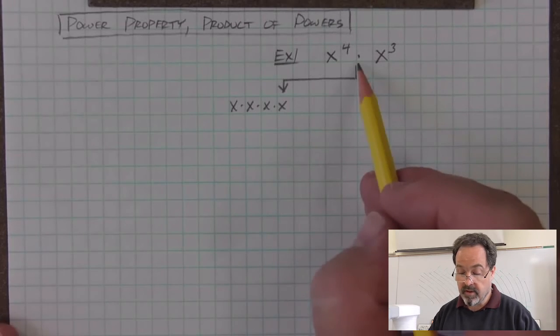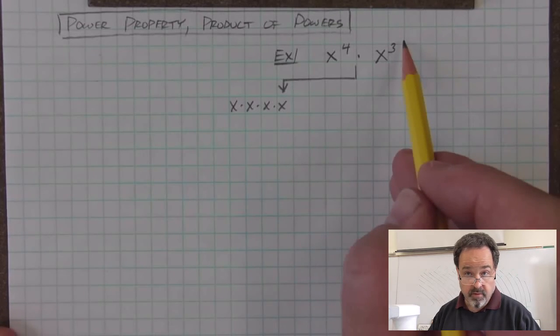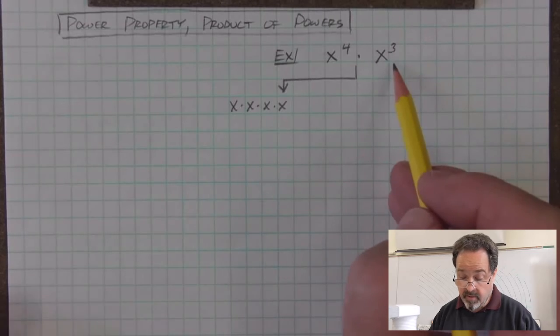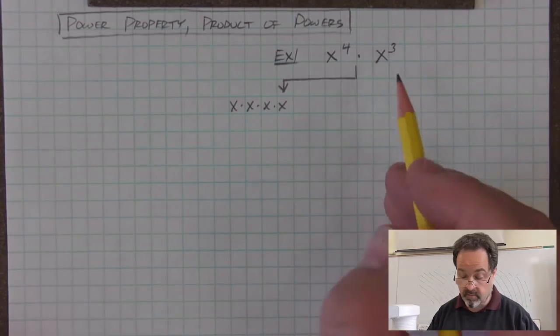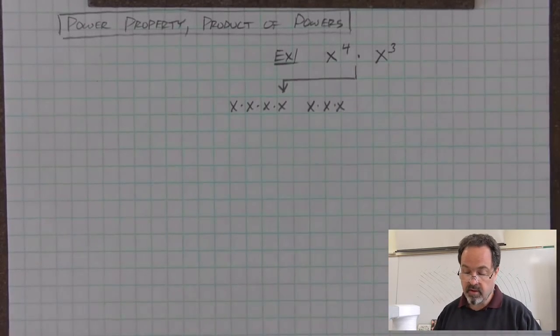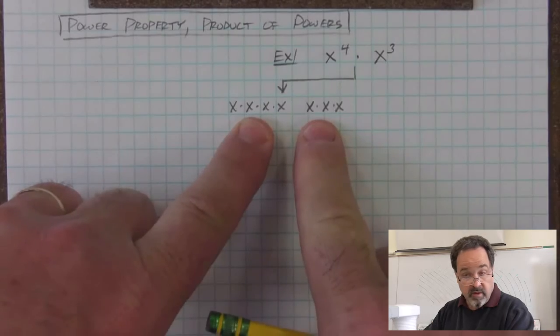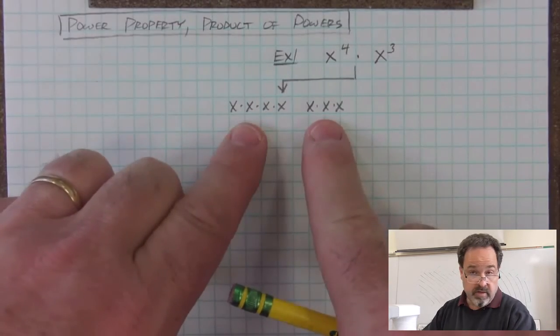And if we're multiplying by x to the third, then we can think of this power, x to the third, as x times itself 3 times. X times x times x. So here we've represented the expansions of these powers.